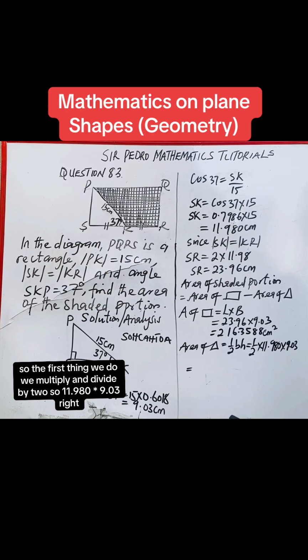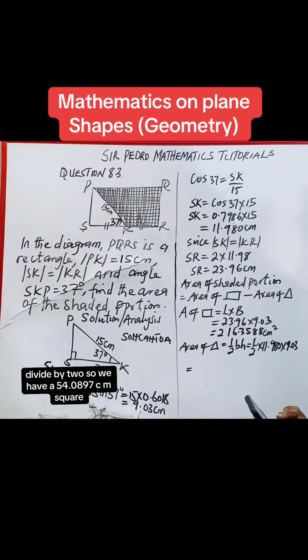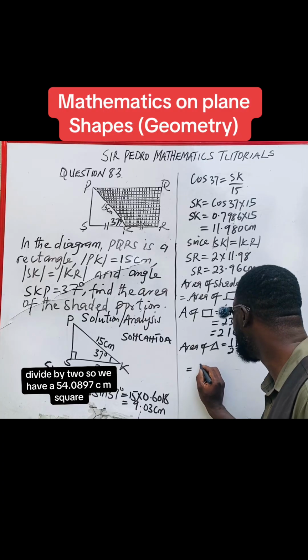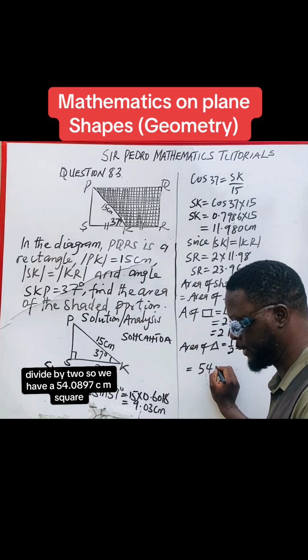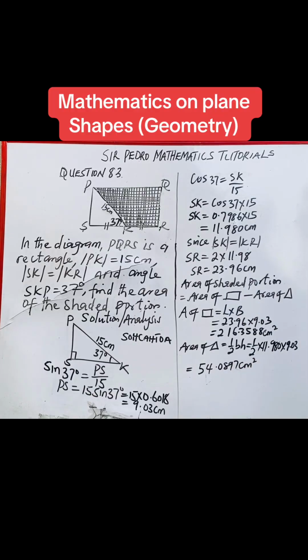We multiply and divide by 2: 11.980 times 9.03 divided by 2 gives 54.0897 cm square.